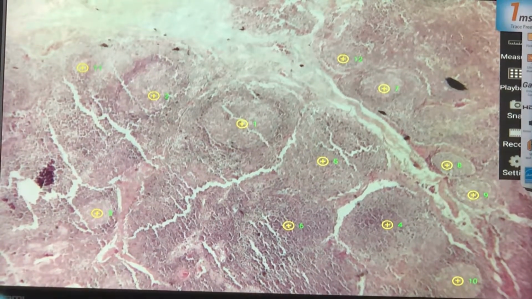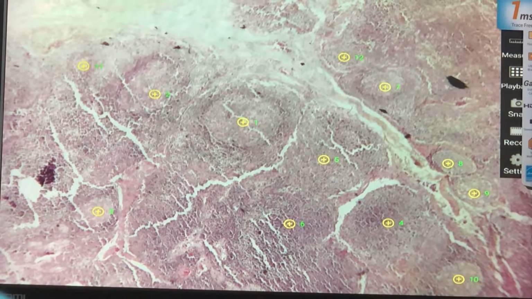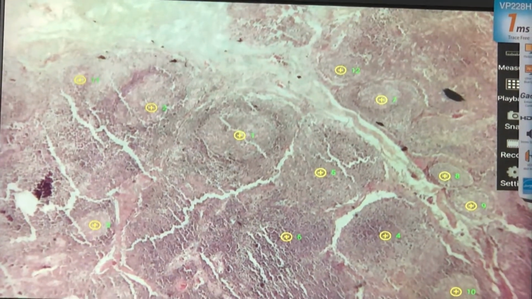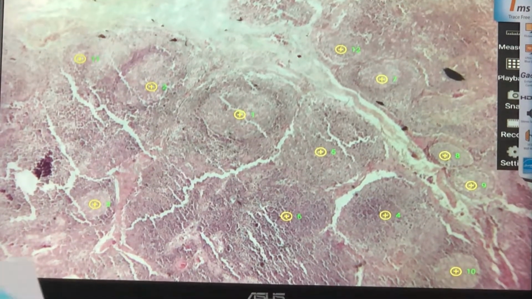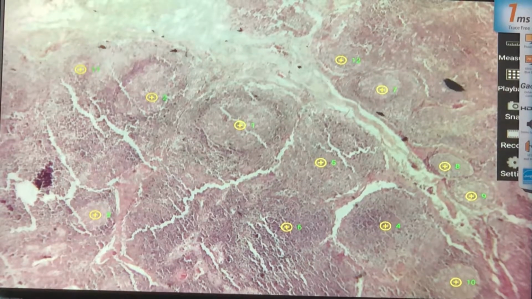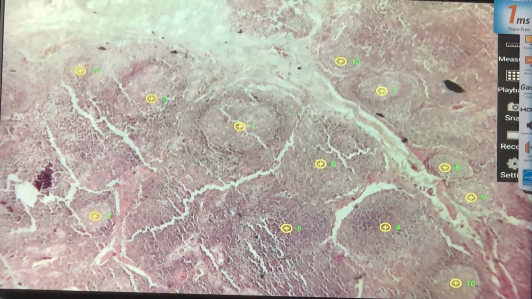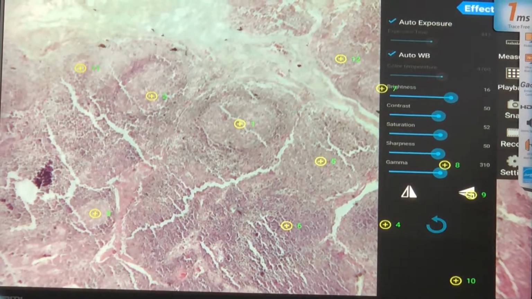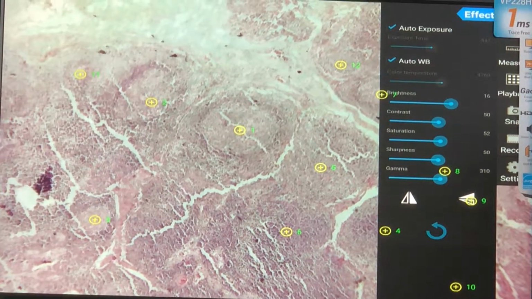In a normal lymph node, you will see lymphoid follicles in the periphery of the lymph node. Rarely you will find the structure with pointer number 3 and 6.